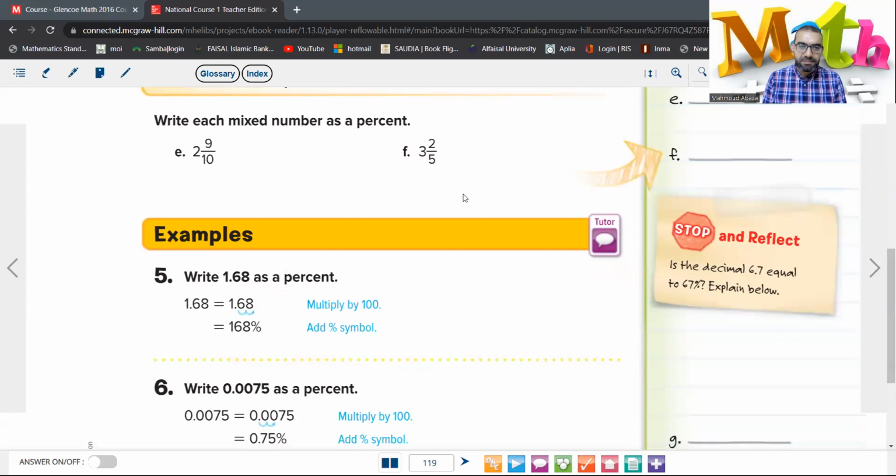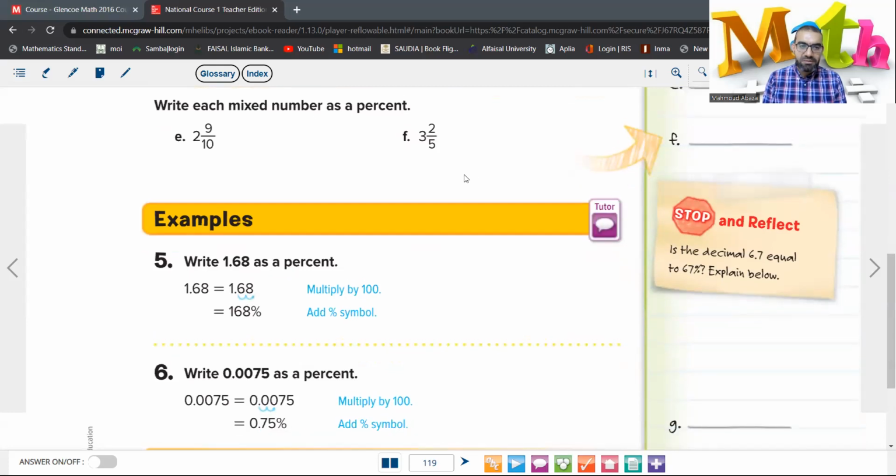So problem E. Write each mixed number as a percent. I find it easy now to transform it into a decimal because we know that 9 over 10 is 9/10, means this number is 2.9.